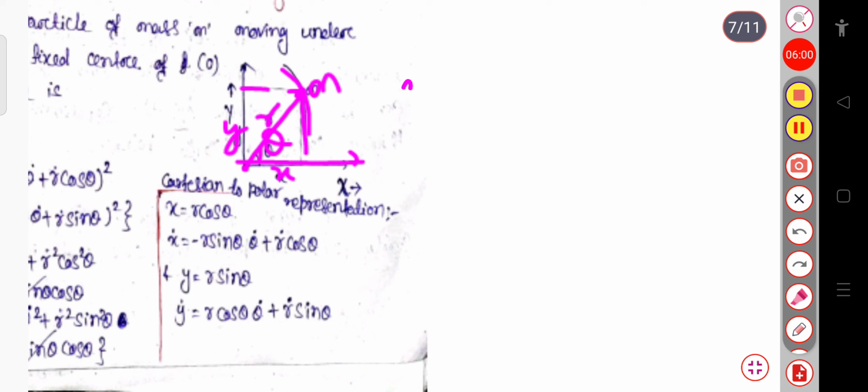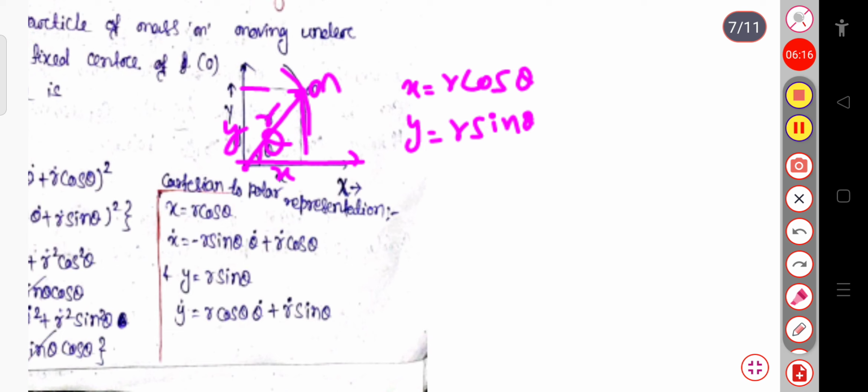So here we can write x equal to r cos theta and y equal to r sin theta. You can calculate, cos theta equal to b by h and sin theta equal to p by h. So from that relation you can calculate.